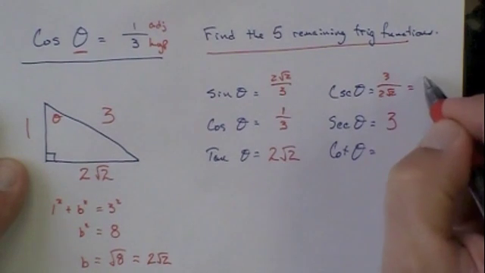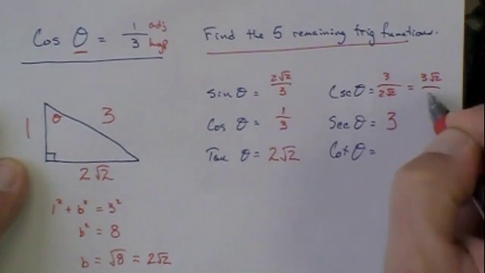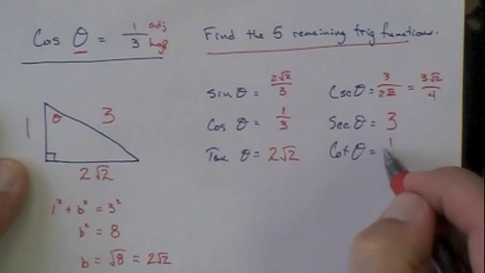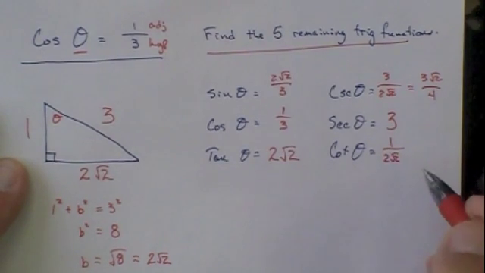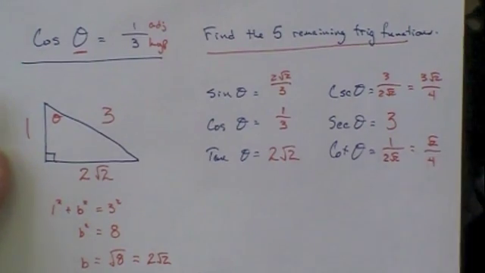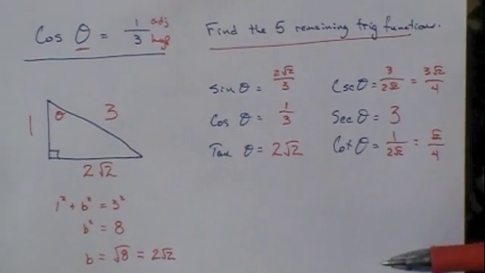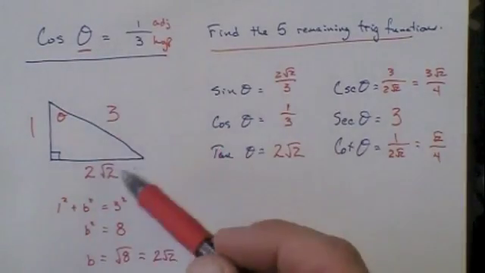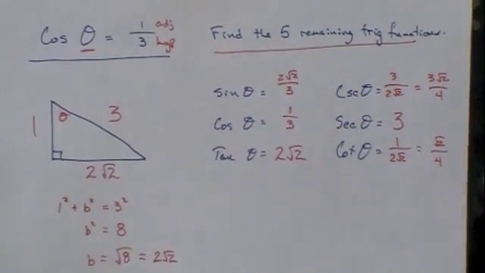That gives us 3 square root 2 over 4. And 1 over 2 square root 2, again rationalizing the denominator, we end up with square root 2 over 4. So that's how we can use the triangle to help us set up and find the 5 remaining trig functions.